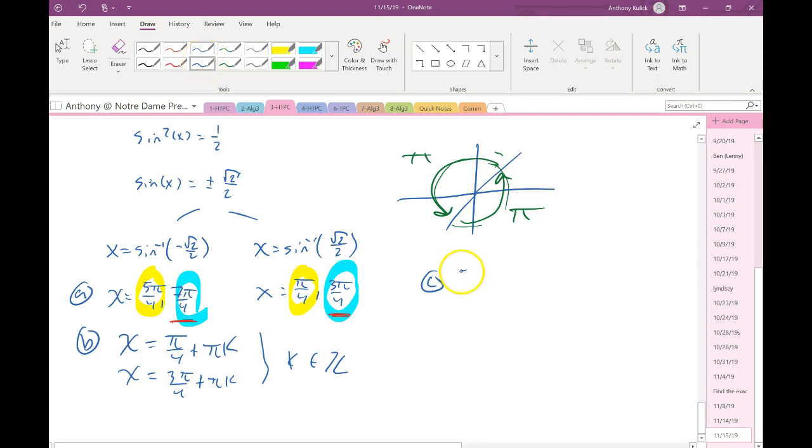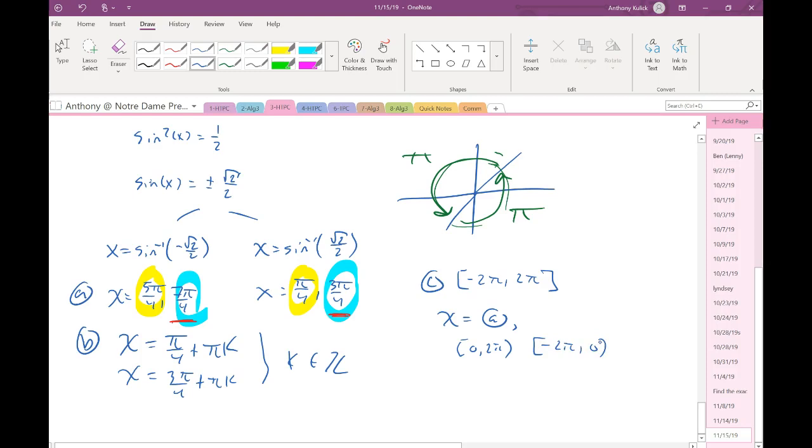All right. For part C, I need things between negative 2 pi and positive 2 pi. So I definitely have all my answers from A. That's the stuff between 0 and 2 pi. And then I'm going to need the stuff between negative 2 pi and 0.